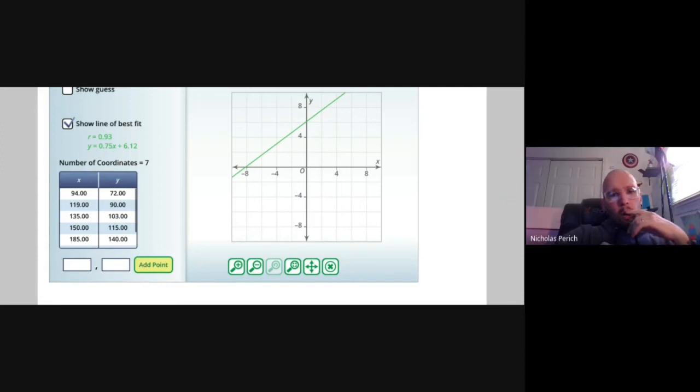So what did it do to our line of best fit? It changed it. I feel like I typed in something wrong, didn't I? 140, 135? No, I typed it in. It changed it quite a bit. So the answer to C is it changed it.